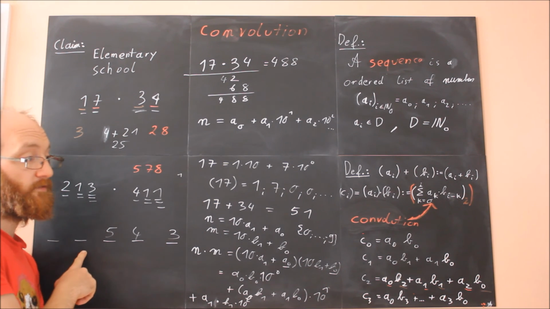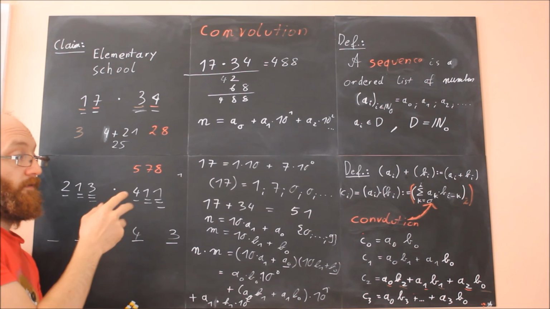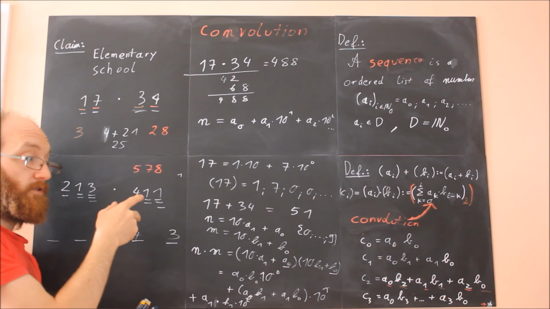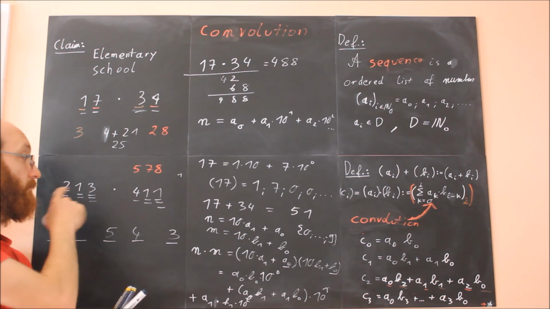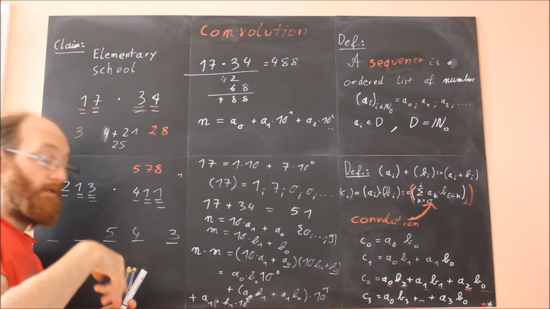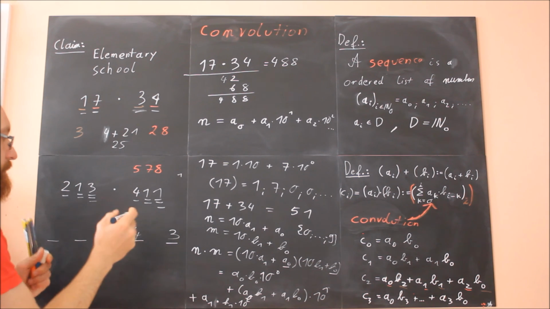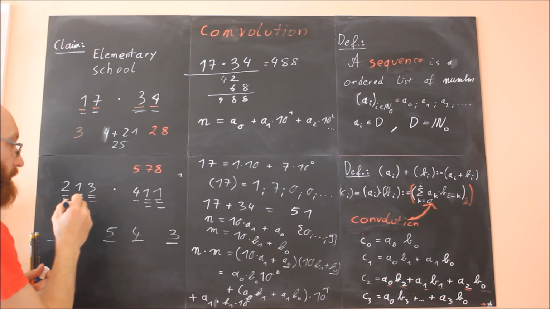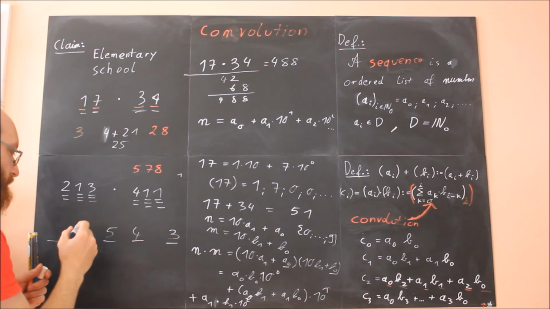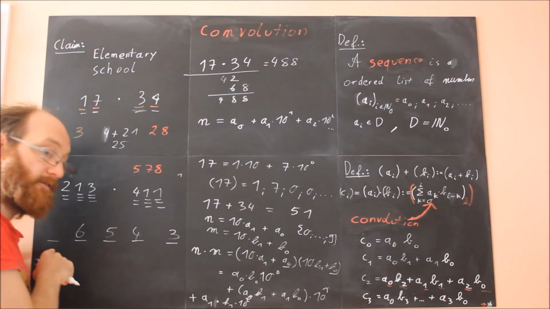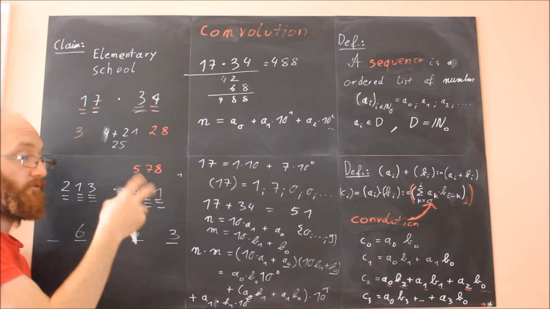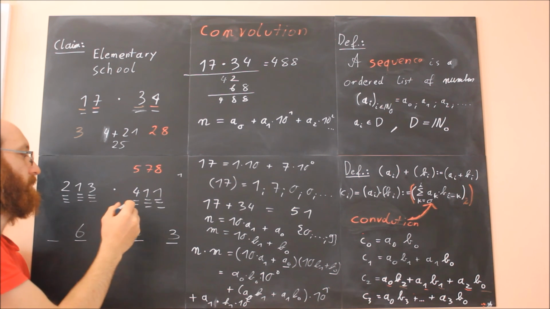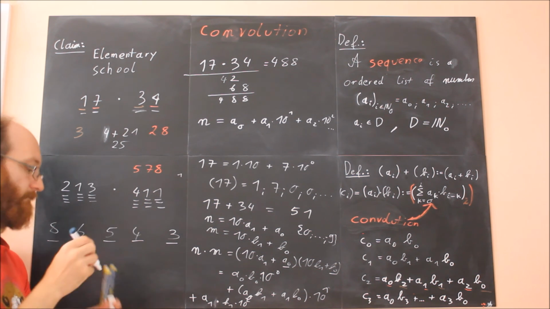The thousandth position we get with 10 times 100, 1 times 1000, so we have no thousand here, so we get it with 10 times 100, so we have 1 times 2 and 4 times 1, which is 6. And the 10,000 position we get with 100 times 100, so 2 times 4, which is 8.